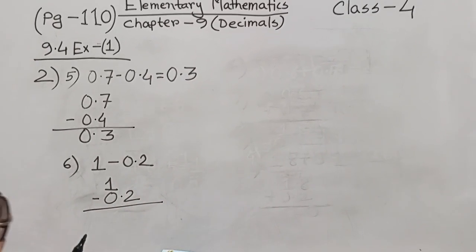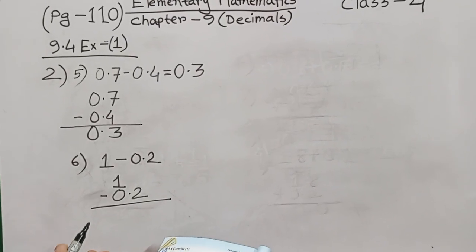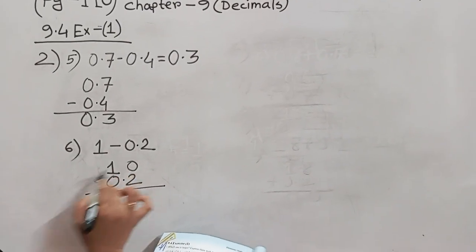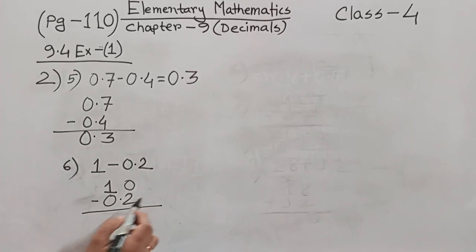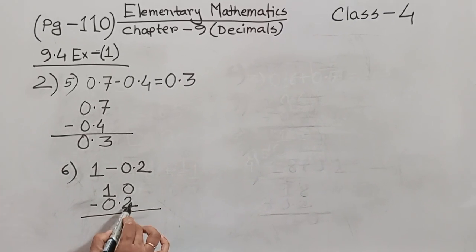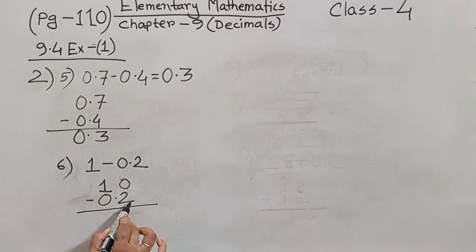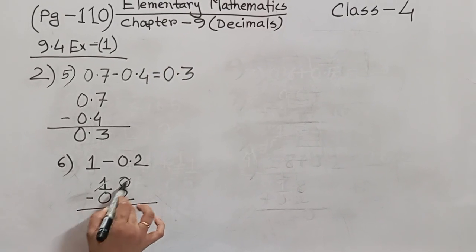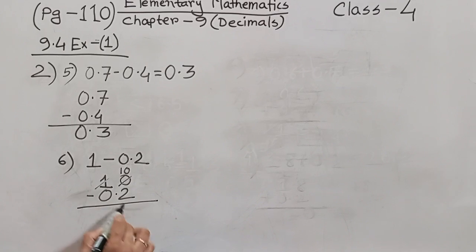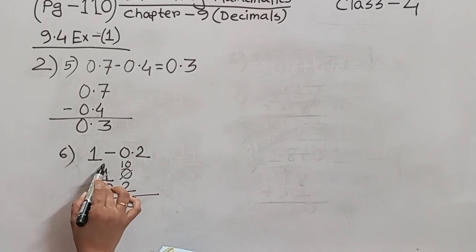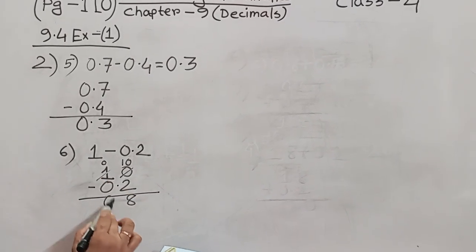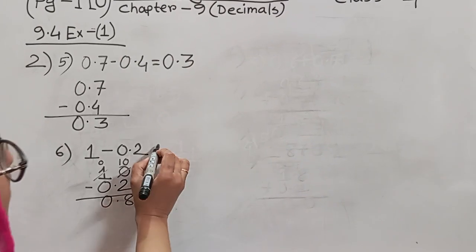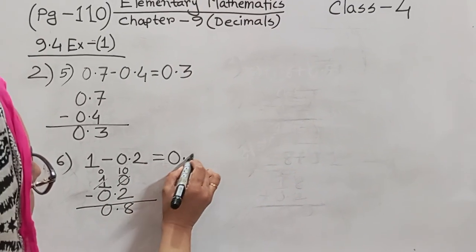So before doing the subtraction, we will take one 0 over there. So 0 minus 2, we cannot subtract 2 from 0. That's why from here I will take 1 and it will become 10. 10 minus 2, 8. It will become 0. 0 minus 0, 0. So after the subtraction it will be 0.8.